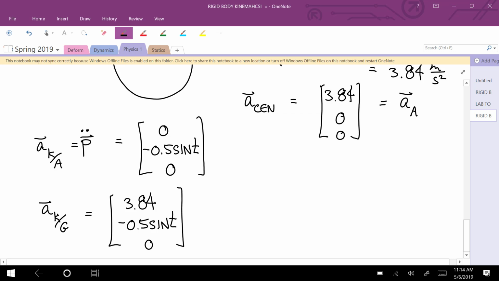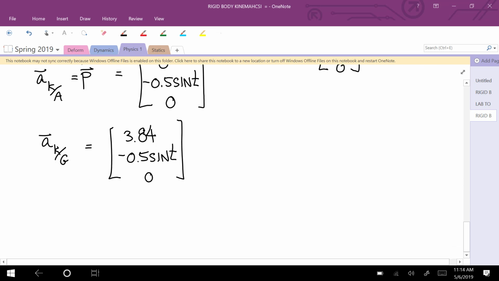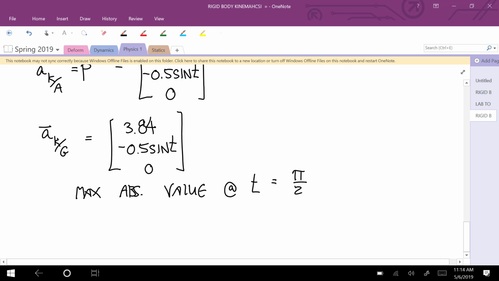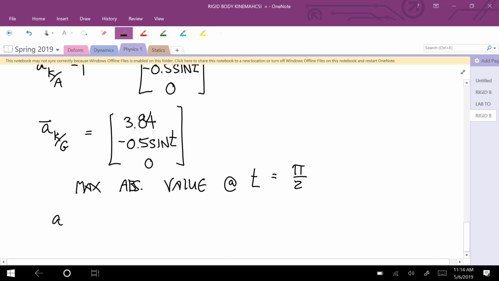Where is sine maximum? So the maximum absolute value is when time is equal to pi over 2. And at that point you get 3.84 for x, negative 0.5 for y, 0 for z.